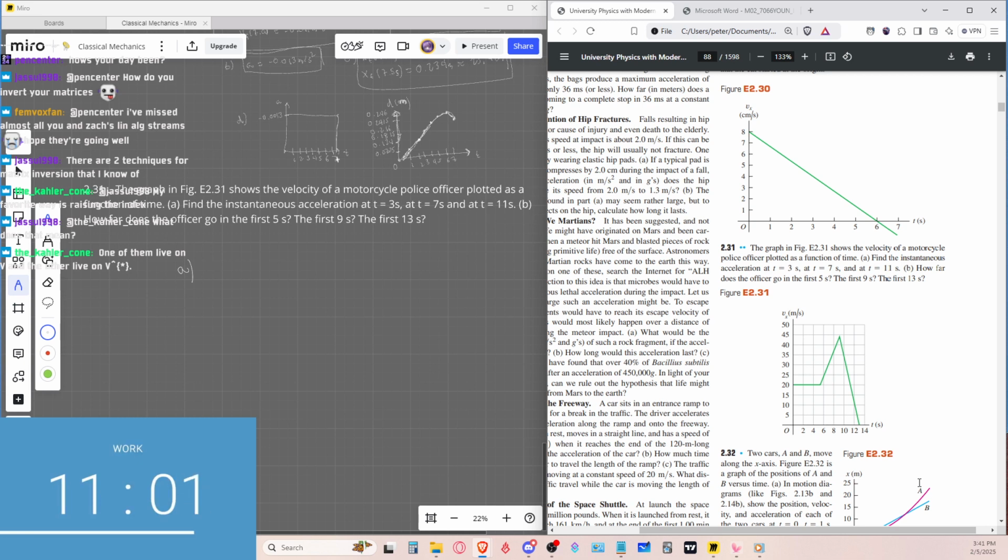Alright, so we want the instantaneous velocity, which is the limit where the time is heading towards 3, because we want 3 seconds. No, what am I doing? Shouldn't be that.